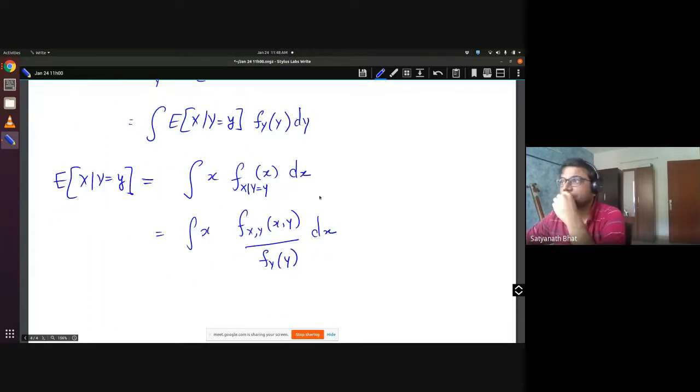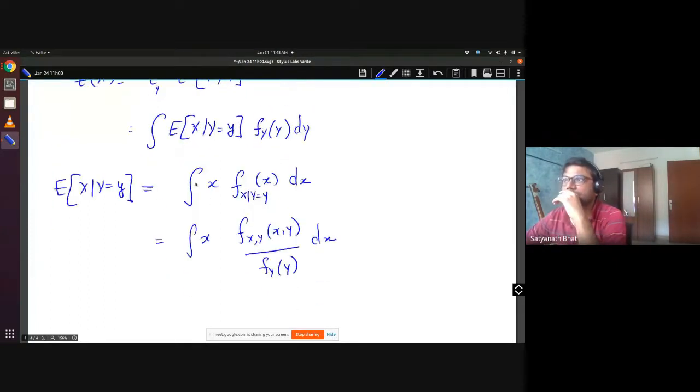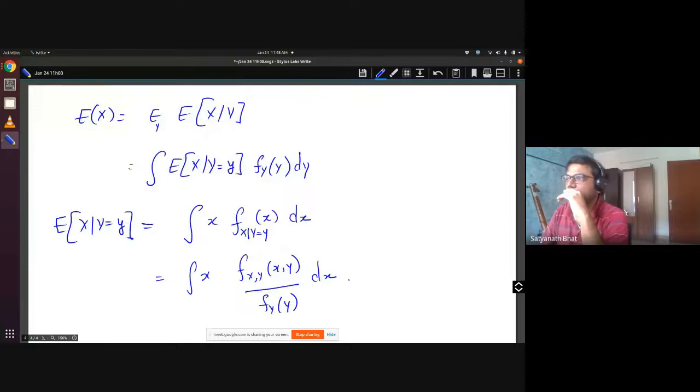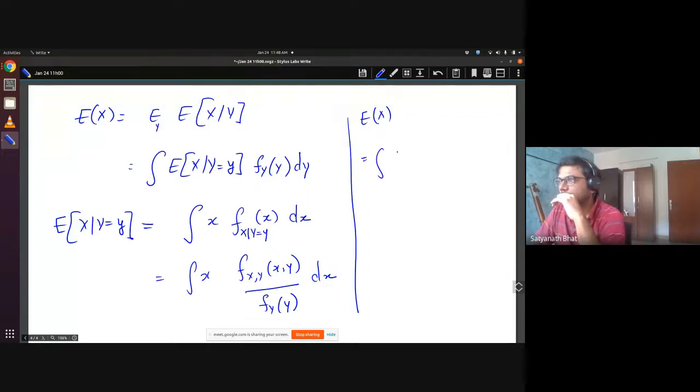So if you put all of these pieces together, what you will get is the expected value of x equal to a double integral of x times the joint density f_XY dx, times f_Y of y dy, and you can cancel this out.